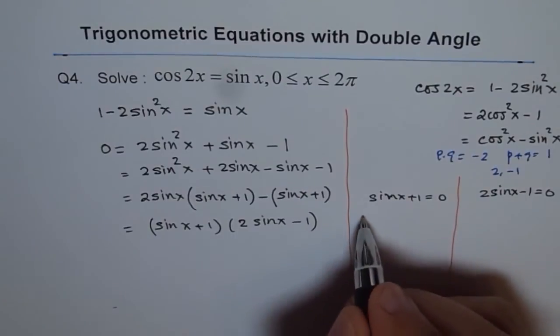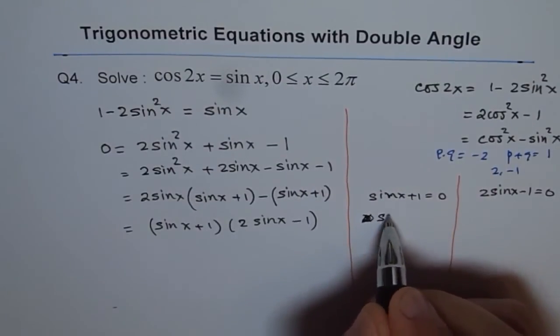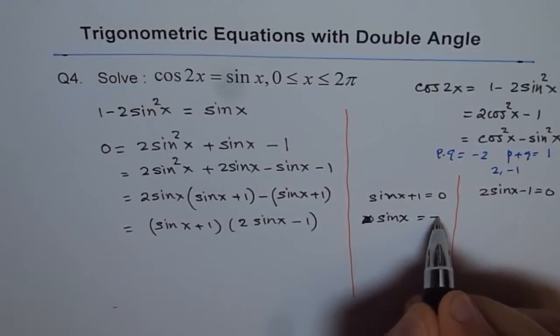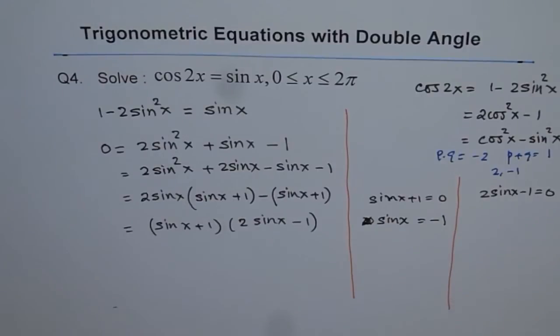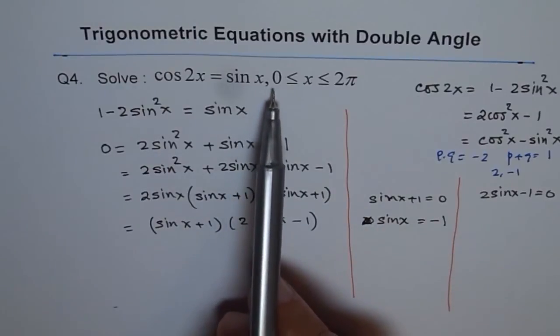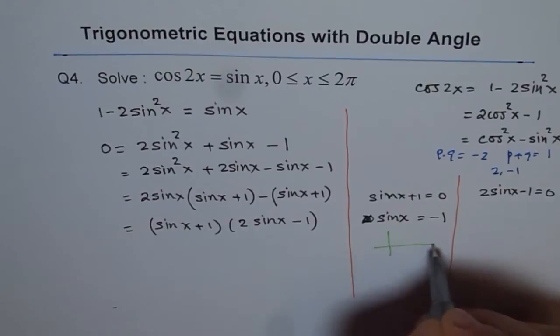So that means sin x equals minus 1, right? Sin x plus 1 equals 0 means sin x equals minus 1. So when is sin x minus 1 in our given domain of 0 to 2 pi? Let me sketch the sine function.